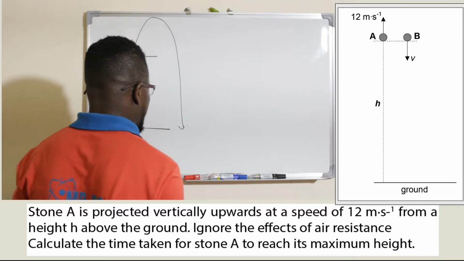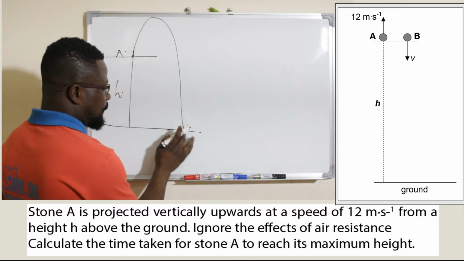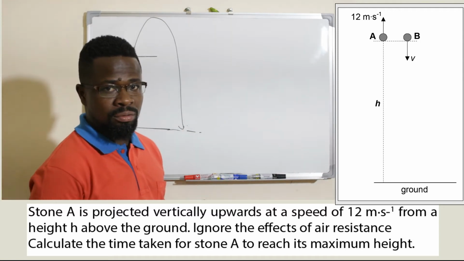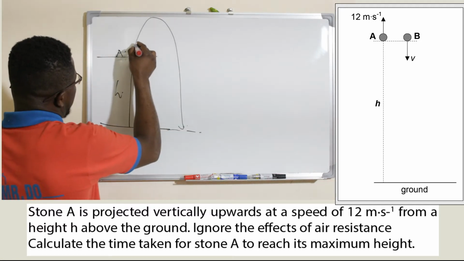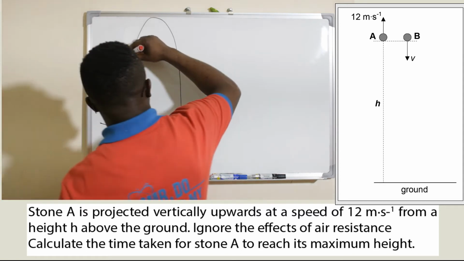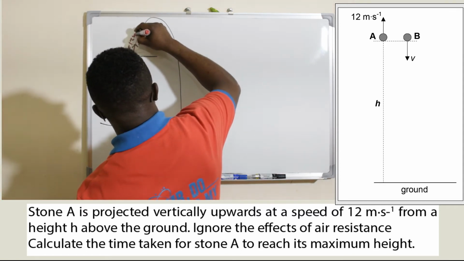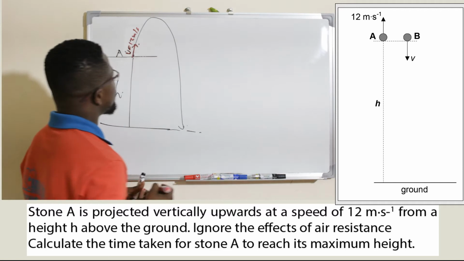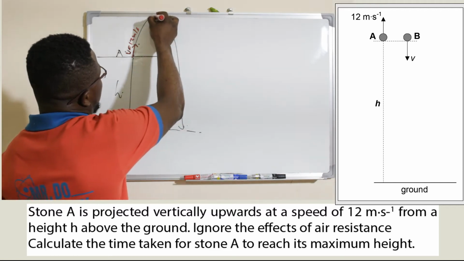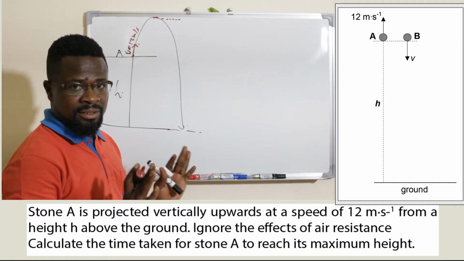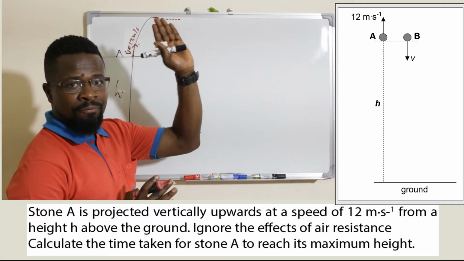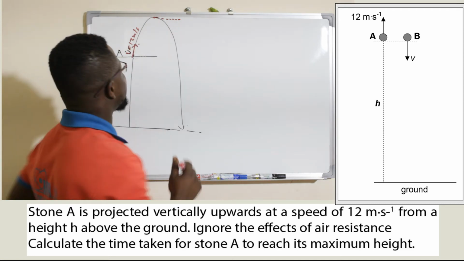To get back to the ground here is going to be the final destination for the stone. But one thing we need to take note of is that the ball was having an initial velocity, which is what? 12 meters per second. The ball has gotten to this point, the point of momentary stop, which is your final destination in space before it starts returning back.